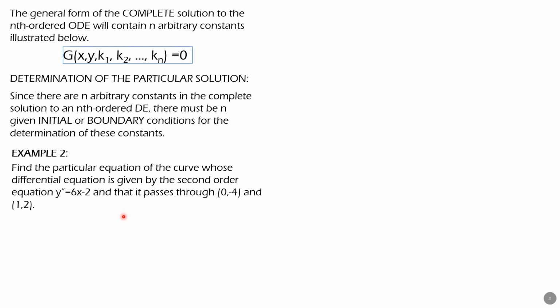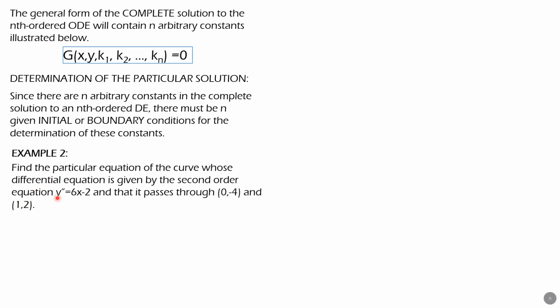So also the technique is you substitute these values into the solution, and that solution should be satisfied by these points which lie on the curve, which is the solution to this differential equation. So for the solution, we have integrating.